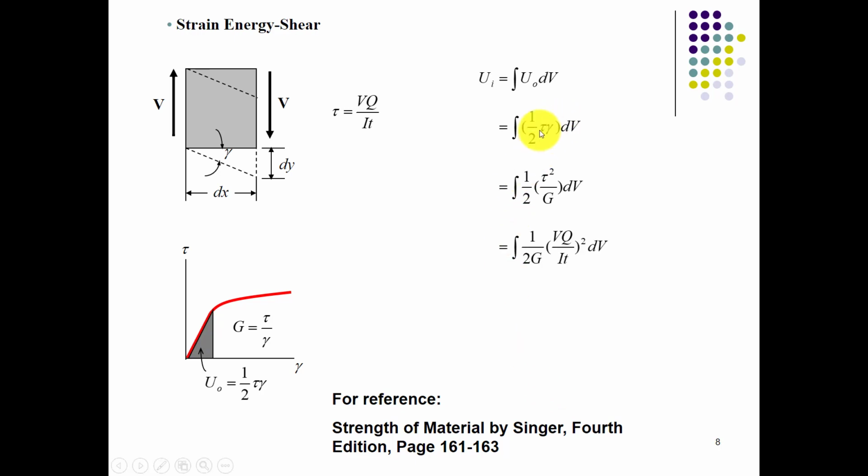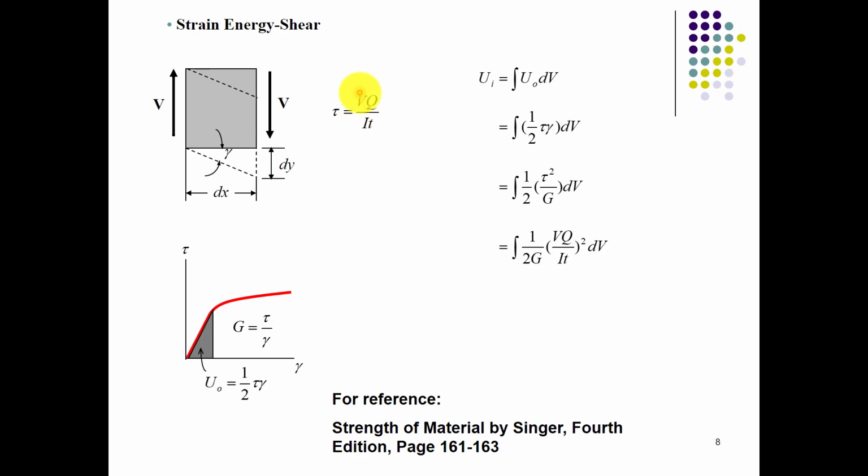Basically, in shear what you have is the shearing stress tau and the rotation gamma. You will compute the value of U first, and then compute the value of G, which is tau over gamma, and you have an equation like this, which is half of tau square over G, and then you will compute the value of tau square from the derivation of shear stress, which is tau equals VQ over It.